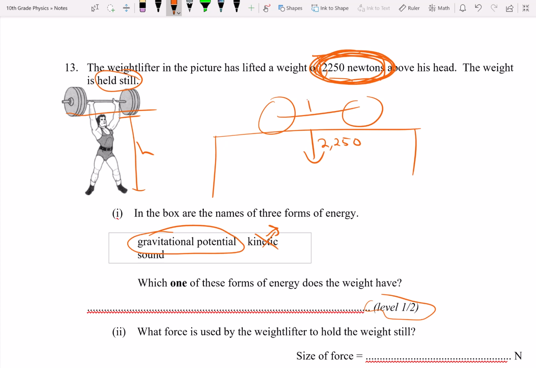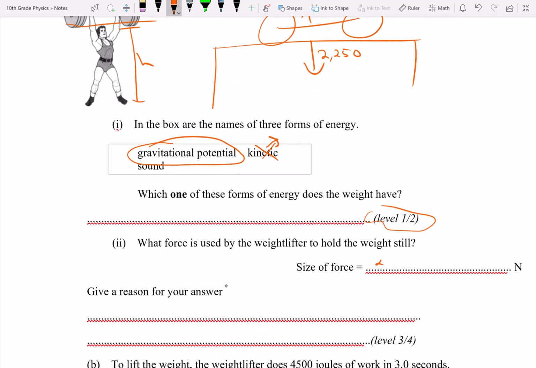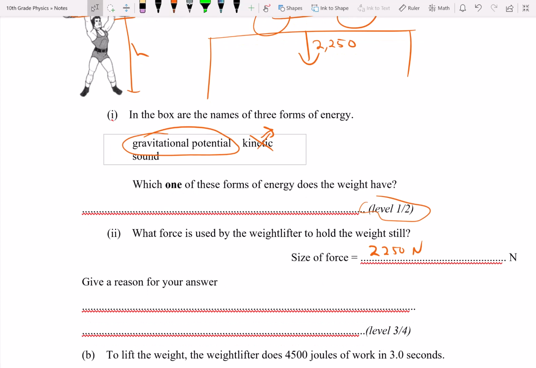And so there must be an equal and opposite force, called the normal force or the support force, that is equal and opposite to the gravitational force. So the size of this force is the same, 2,250 newtons. That's how much force you must apply to keep it up there. Giving the reason, the answer is what I just said.